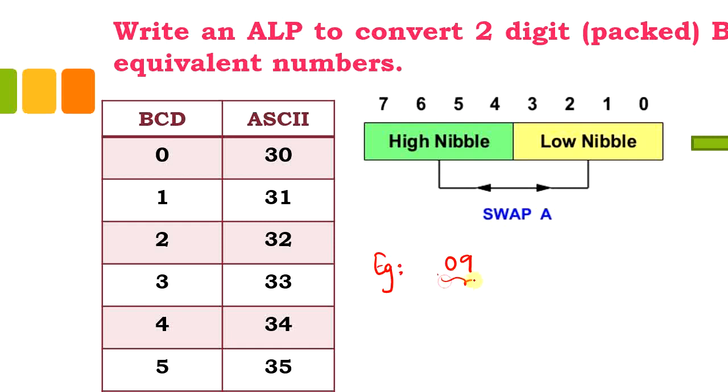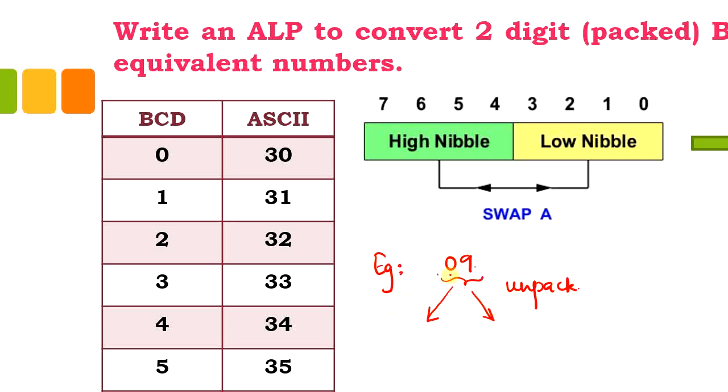This is a packed 2-digit BCD number. When I say we are going to unpack this, it means I am going to consider this as a separate digit and this as a separate digit.